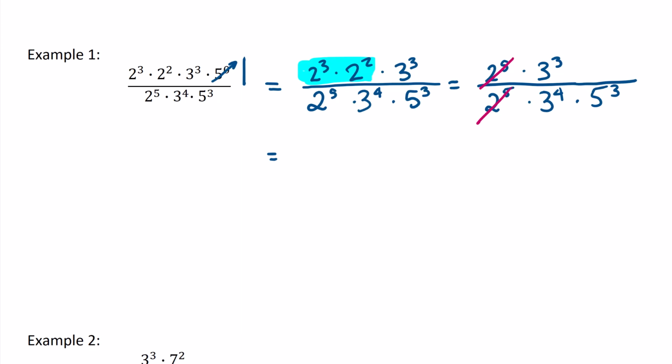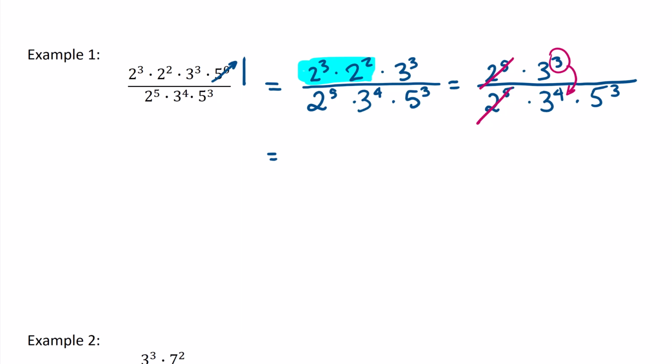3 to the third and 3 to the fourth have a differing exponent, so I'll subtract 3 from 4 in the exponents. 5 doesn't have any base in the numerator, so I'm done.